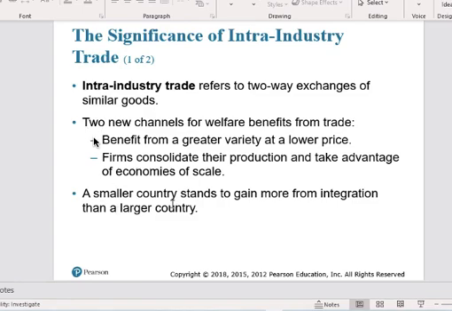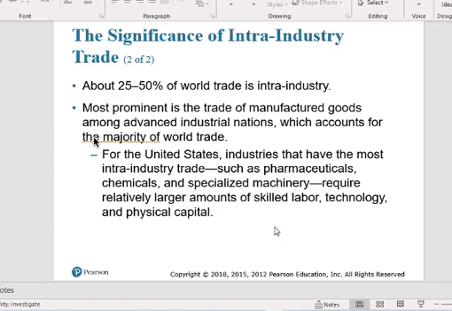A smaller country gains more. They will benefit more from an integrated economy. About 25 to 50% of world trade is intra-industry. What it means is that we talk about bananas traded for clothes, exchange of different goods. But when we look at statistics, about 25 to 50% of world trade is in same or similar goods.